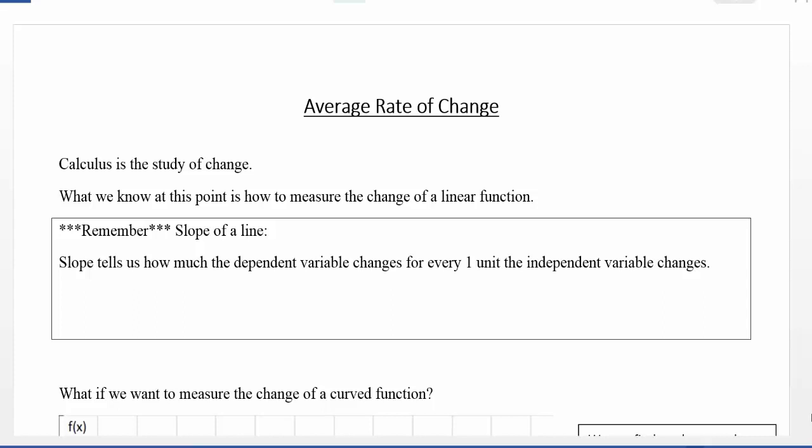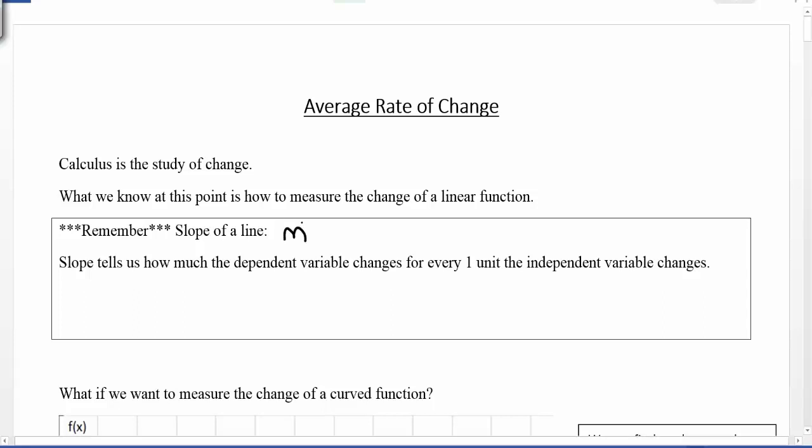So if we have a line, the way that we talk about how it changes is with a term called slope. So hopefully you remember hearing about the slope of a line. The slope of a line tells us how much the dependent variable changes for every one unit that the independent variable changes. The slope of a line has a lot of ways to denote that that's what we're looking for.